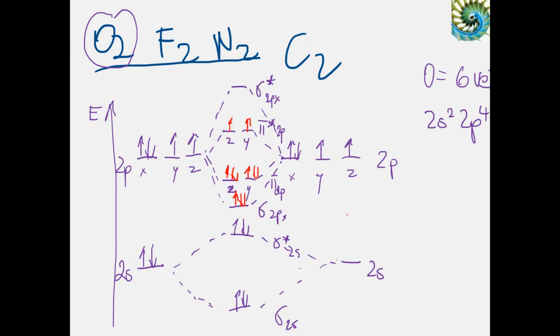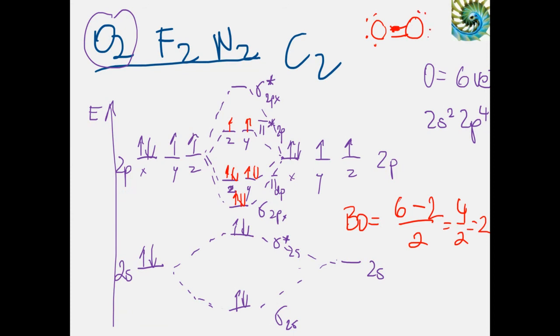What is the bond order of the oxygen bond? 6 minus 2, divided by 2. That's 4 by 2, that's 2. That means you have a double bond between the oxygens and 2 lone pairs of electrons on each. There you go.